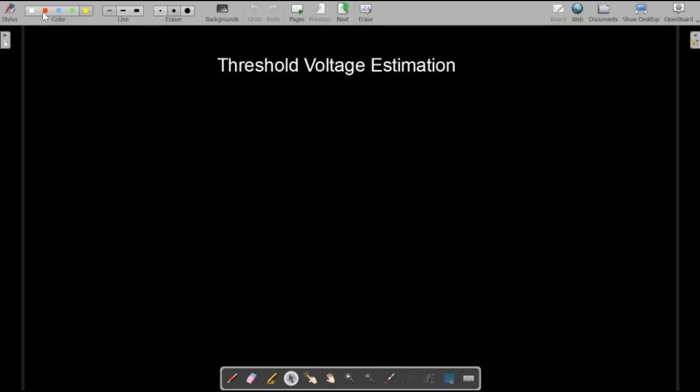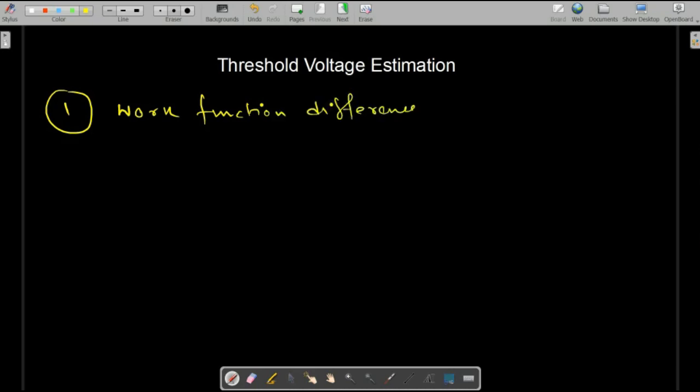So the first component is the work function difference between gate and channel.